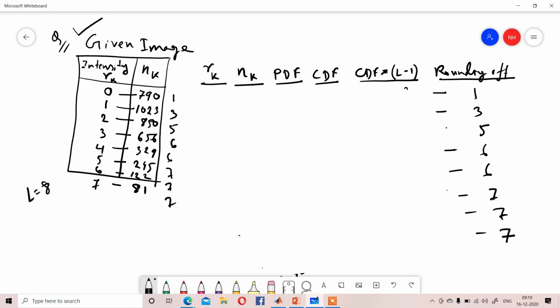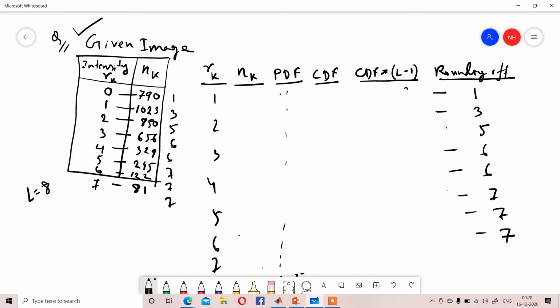For the second case, the target image, you have to calculate in the same way. It is much easier because RK is given as 0 through 7, and with respect to that the PDF is given. So you don't need to consider the NK. From that PDF, calculate the CDF.